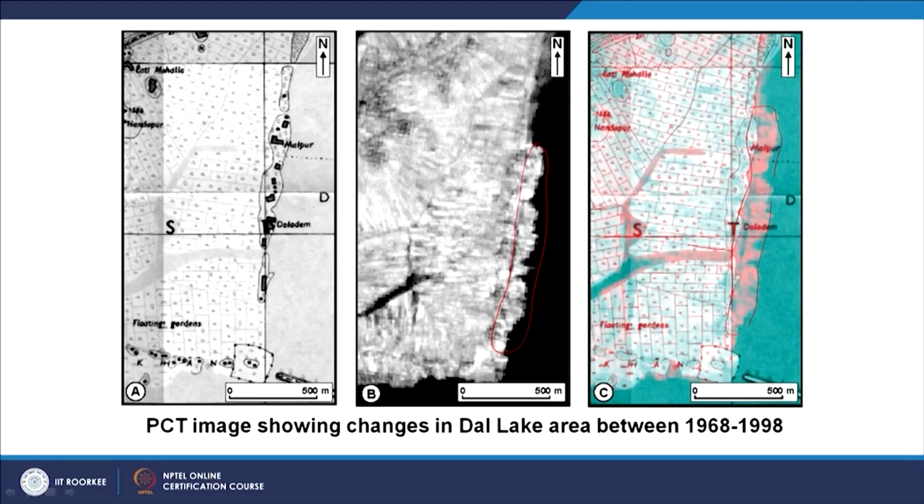See, this channel has also been blocked; these channels were allowing passage to connect to Nagin Lake and other parts of this area. All those were blocked because of growth of vegetation, no care was taken, and the health of the lake also deteriorates because it is going away from its natural existence.